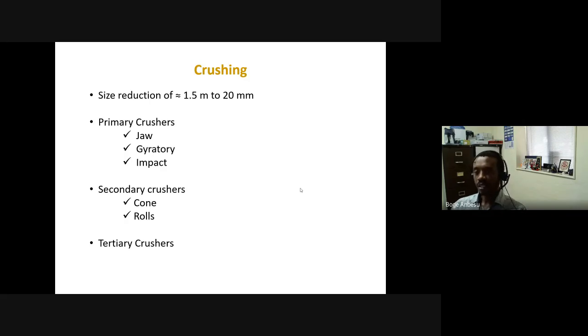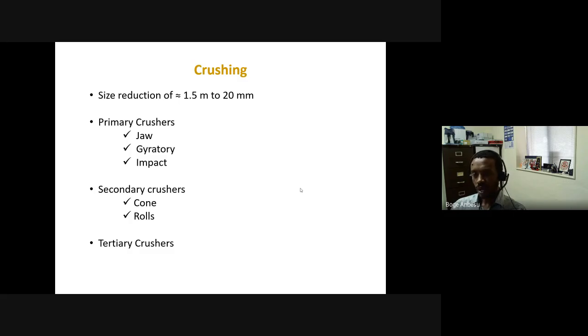But generally speaking, somewhere around 1 meter or more rock size will be fed into a primary crusher and secondary crusher and so on to produce a rock of about 20 millimeter in size on average. And primary crushers that are typically used are jaw crusher, gyratory crusher, and impact crushers. And if you do secondary stage crushing, then you use cone and roll crushers.